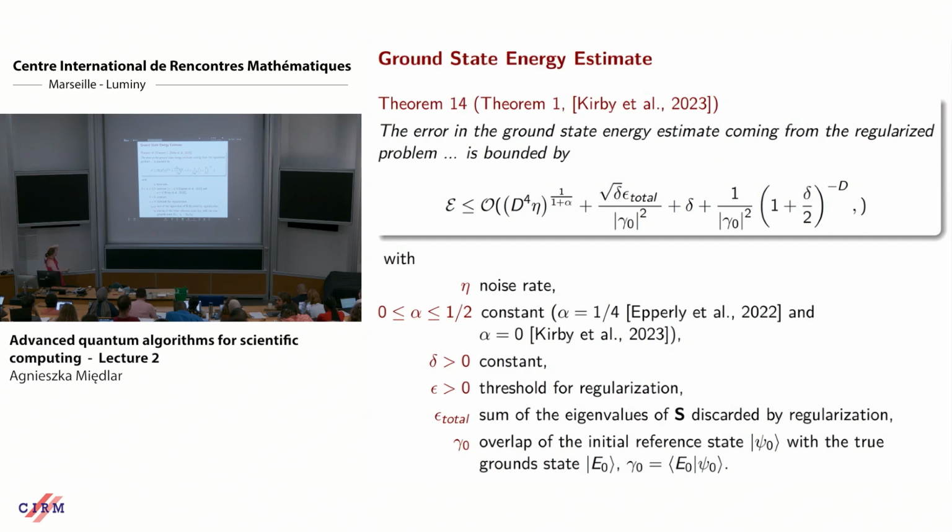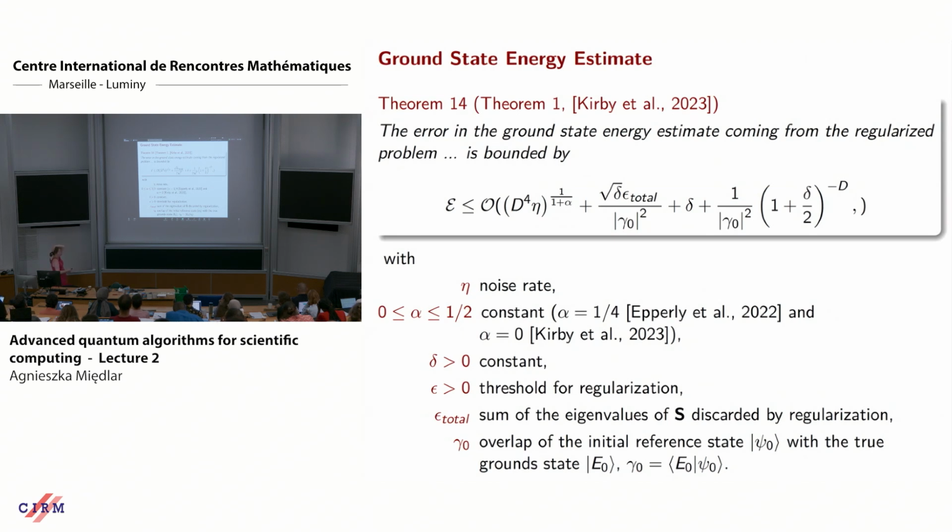You can get all the parameters and so on, but I want to discuss those. So we have a noise rate, we have some constant delta, we have a threshold for the regularization when you solve the generalized eigenvalue problem. You have to have some estimate on the sum of the eigenvalues which you throw out by regularization.